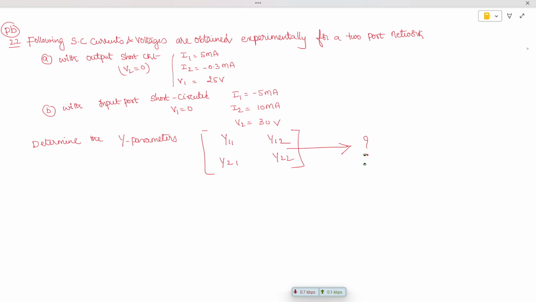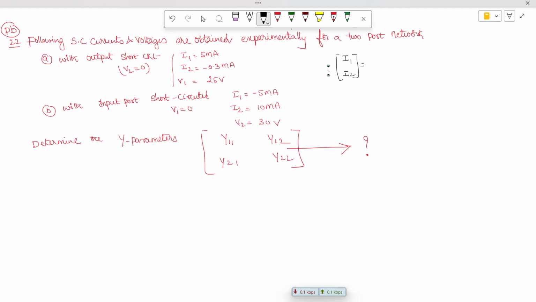So before solving this, we need to remember the matrix form of the y expression. So the matrix form we are going to have is I1, I2 are the dependent variables, that is equal to y11, y12, y21 as well as y22, multiplied by v1, v2.